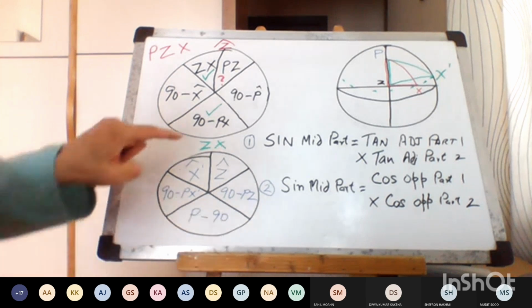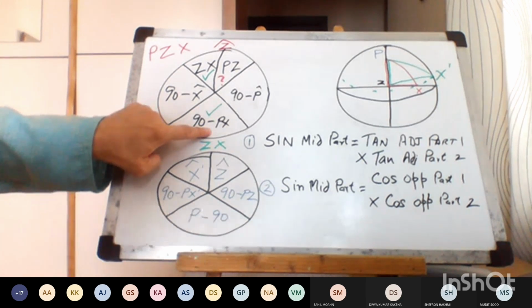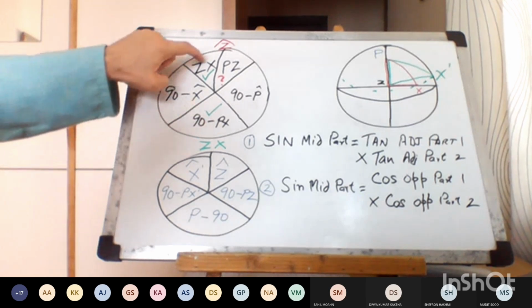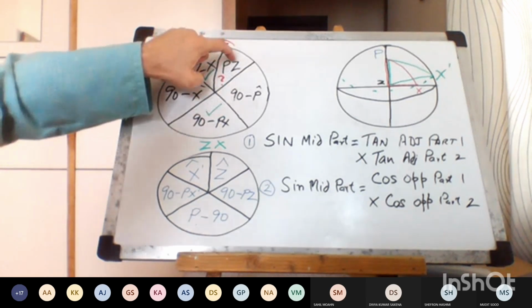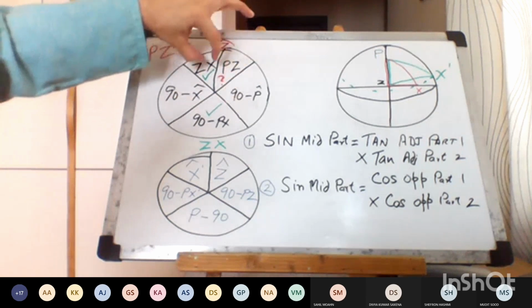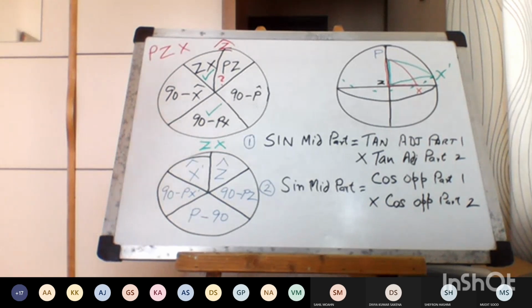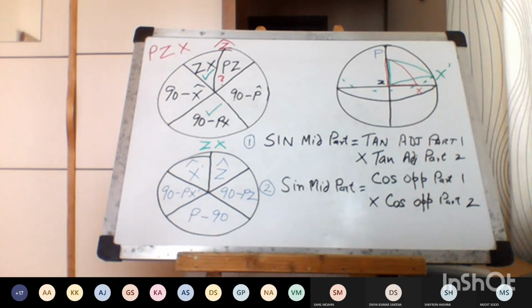So nothing prevents me from using this as the mid part. Sine mid part is equal to cos opposite into cos opposite. After leaving one, the other two become opposite. Yes, gentlemen, any question over here? I hope you all have made a note of it and understood everything clearly.